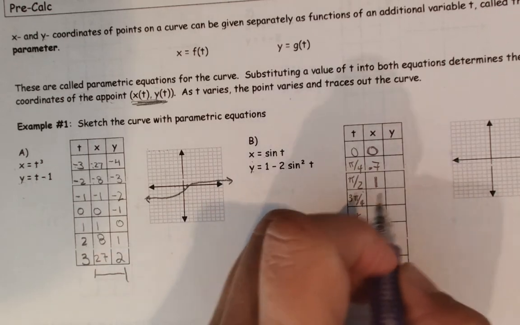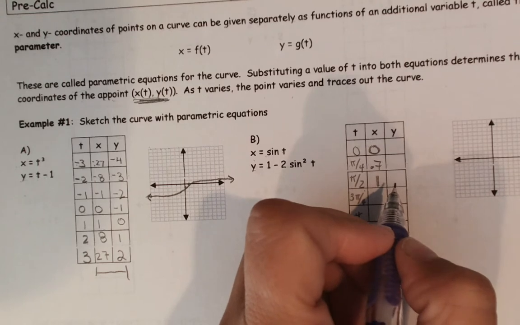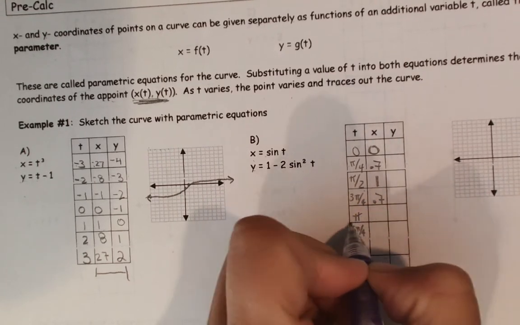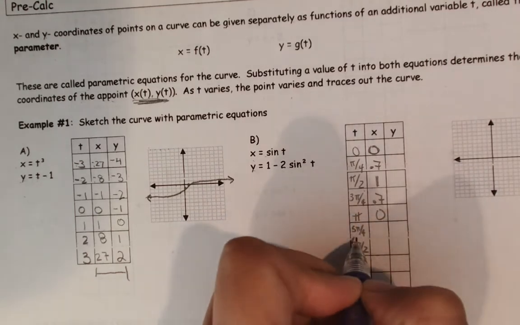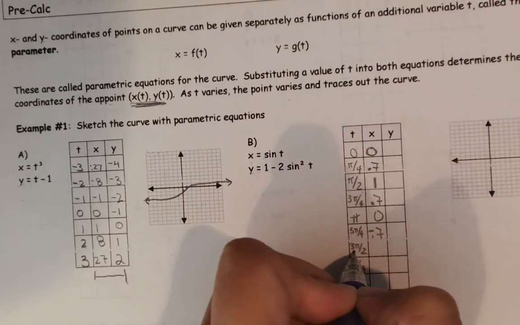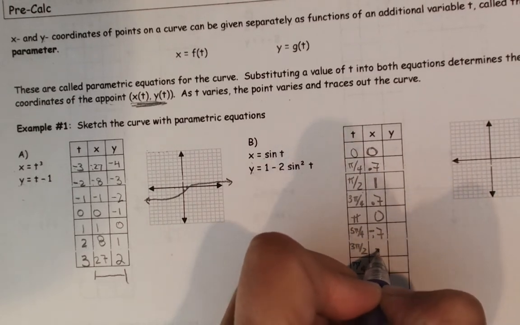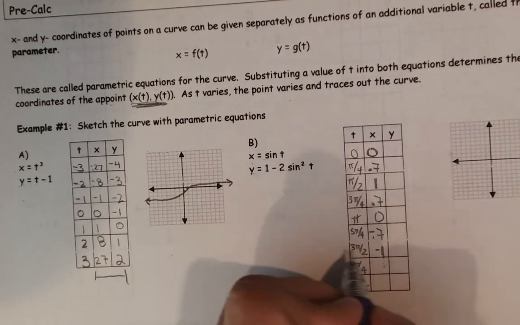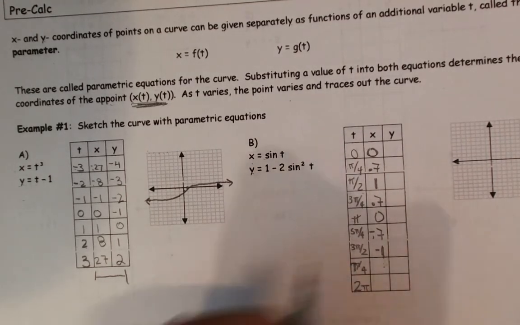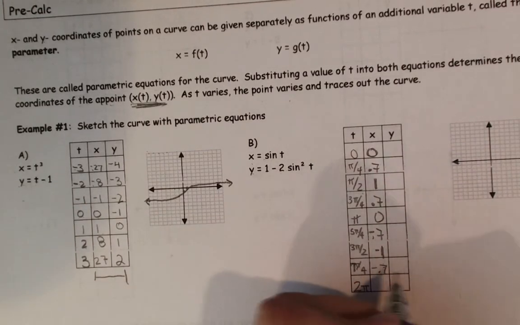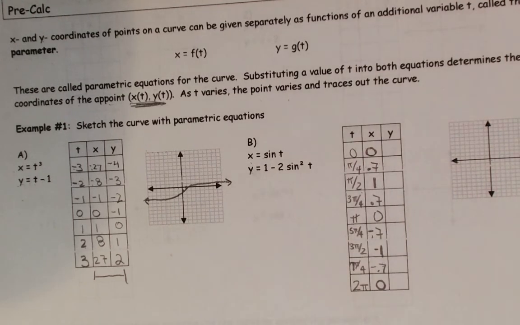Sine of 3 pi over 4 is 0.7 again. And then at pi, we're 0. 5 pi over 4, we're negative 0.7. 3 pi over 2, negative 1. 7 pi over 4, negative 0.7. And 2 pi, we're back to 0. Okay, so those are our x of t values.